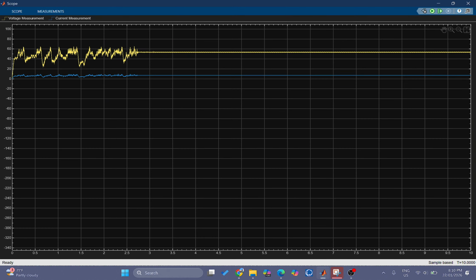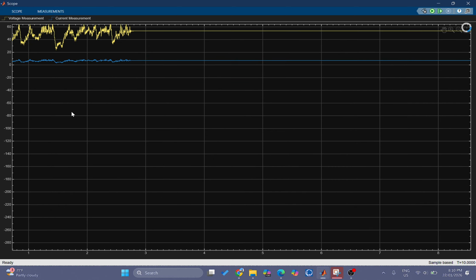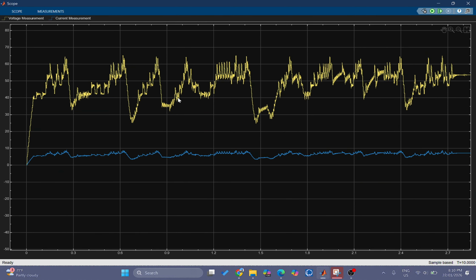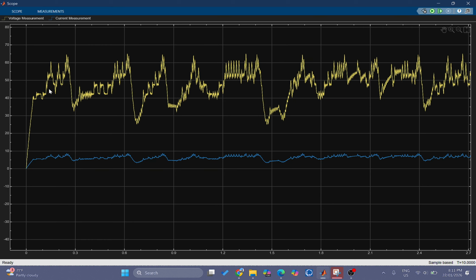I have output results here, where yellow is your voltage and current is red. During the startup, the MPPT controller intentionally perturbs the duty cycle to locate the maximum power point. This causes the temporary voltage and current oscillation.